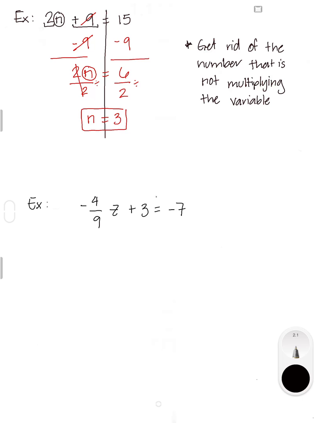So again, I'm going to begin by drawing that line through the equal sign. And again, I can see that I have plus 3, right, on the same side as z. And then I have negative 4 over 9. So which one do I want to get rid of first?